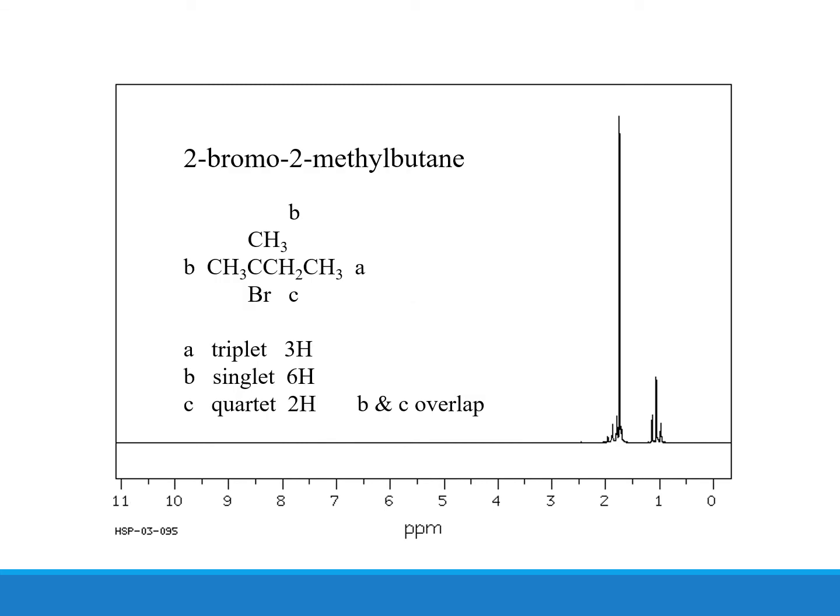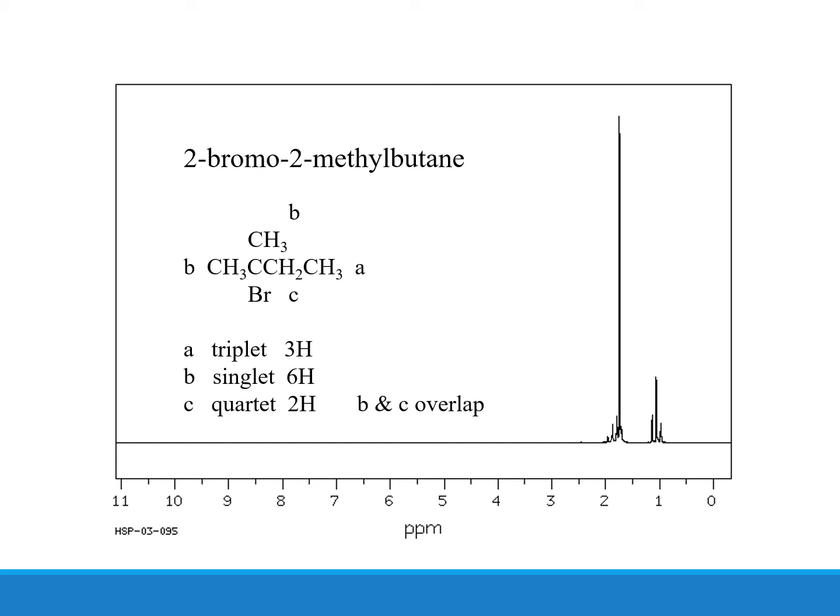The same thing here: 2-bromo-2-methylbutane, you'll have two peaks for this structure, and each peak will be split because you can see that we have neighboring hydrogens on each of the carbon atoms.